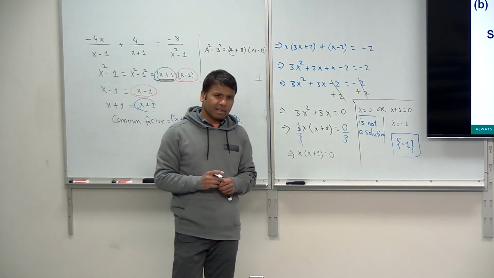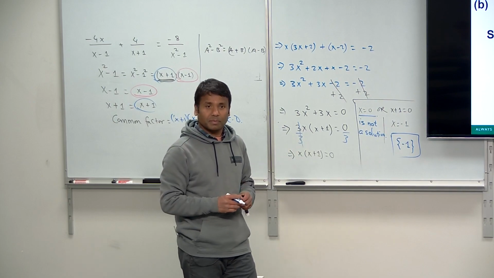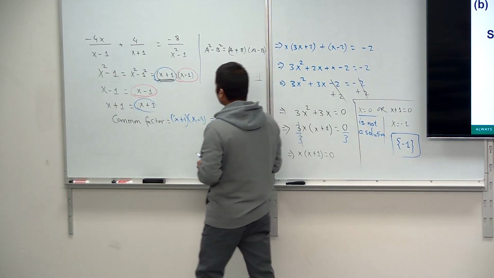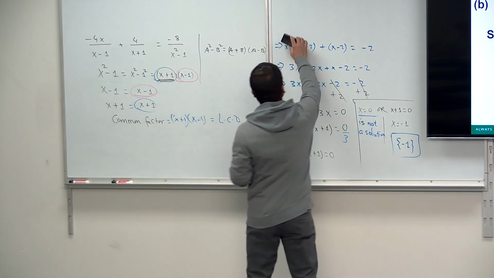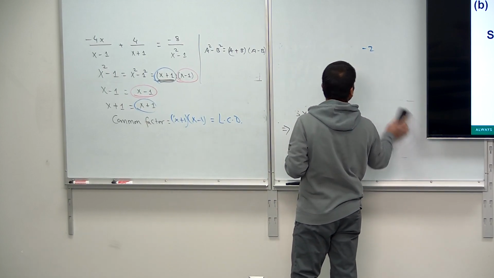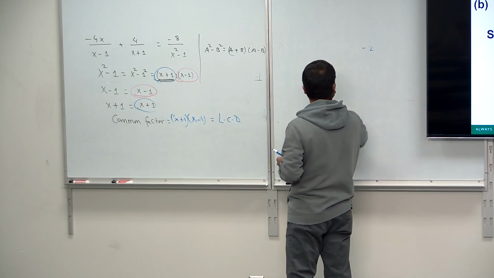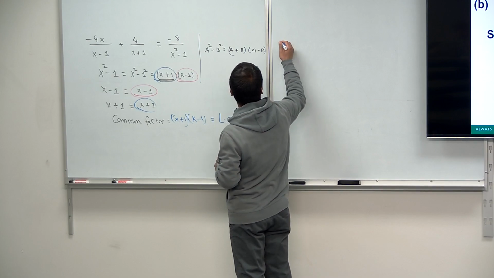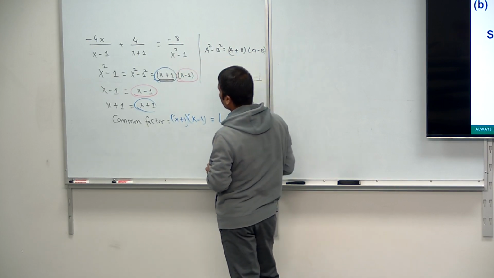Does that make sense? Are you guys with me? Yes? So now you multiply both sides of the equation by the LCD. So if you want to multiply both sides of the equation by LCD, what do you have over there? So negative 4x over x minus 1, right?